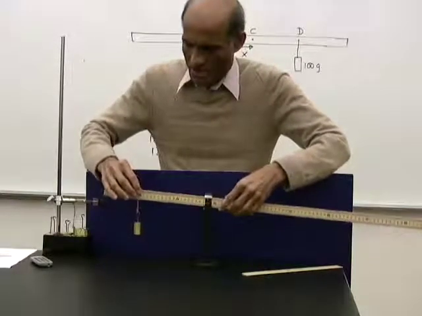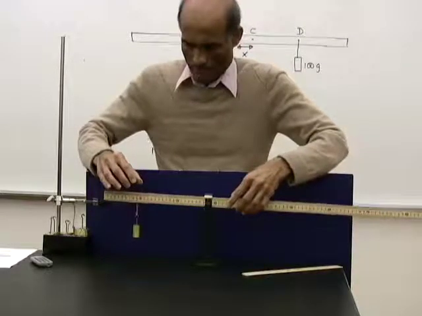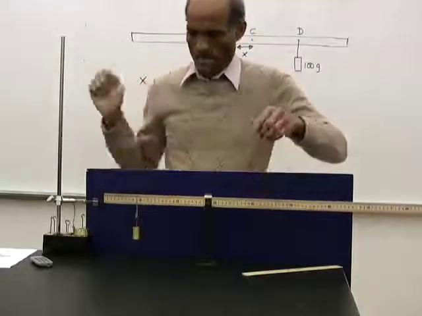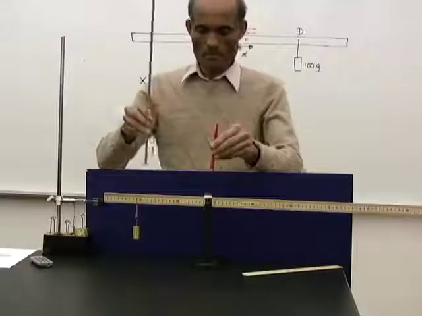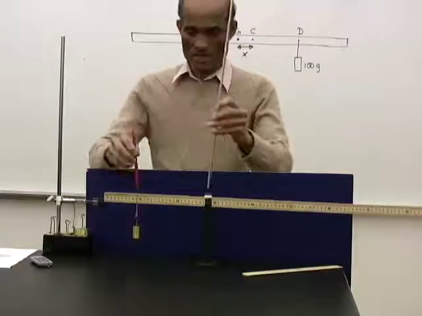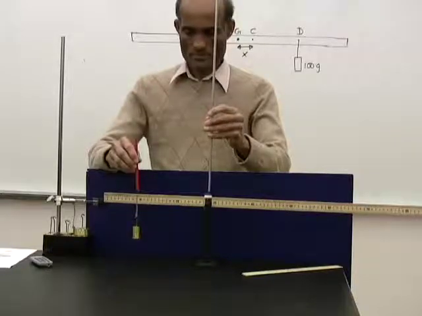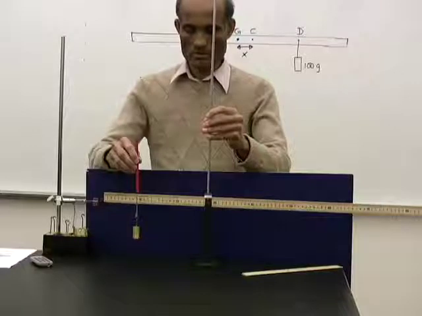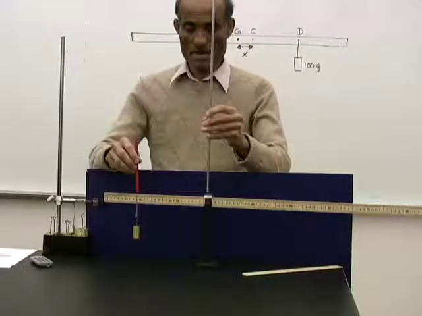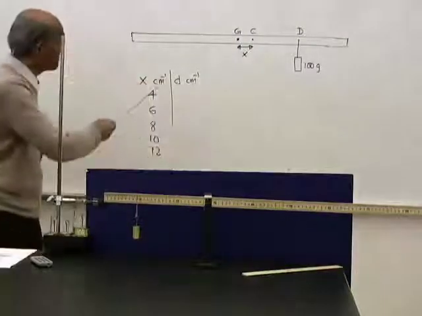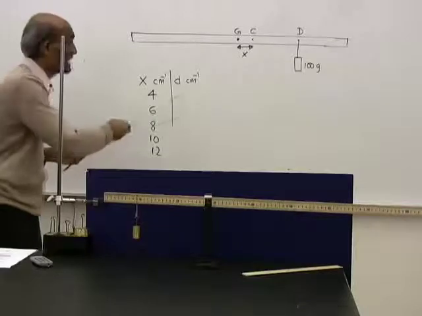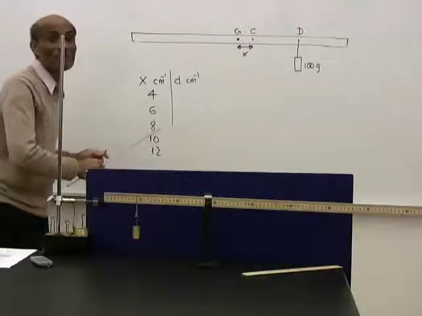Let's find the new D. Measure that D. Multiply by the conversion factor, and now you have a number of x values and the corresponding D values.